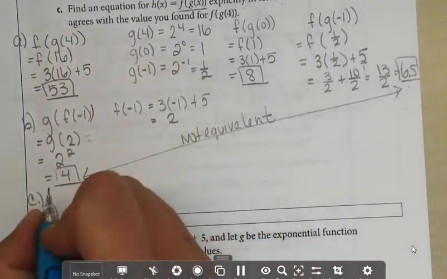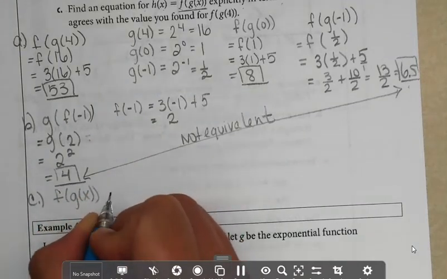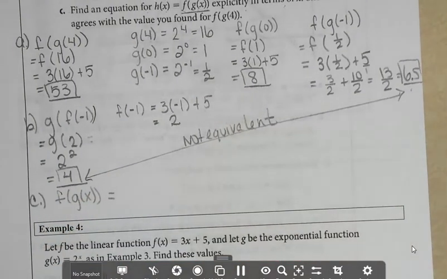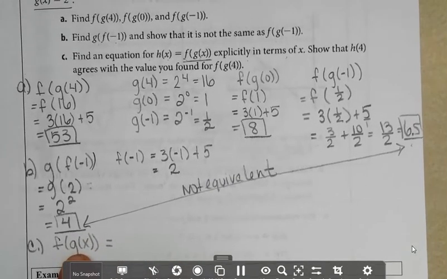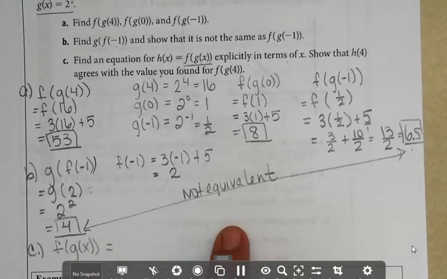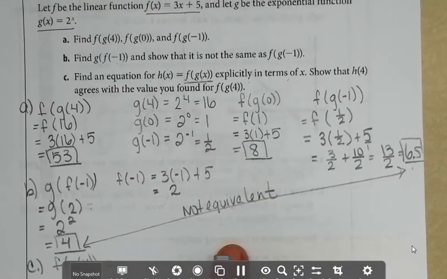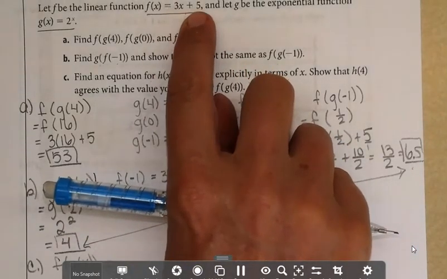So f of g of x basically means that I take the f function, and wherever I see an x, I'm going to put the g of x function. My f function is 3x plus 5. So that's my outside function.